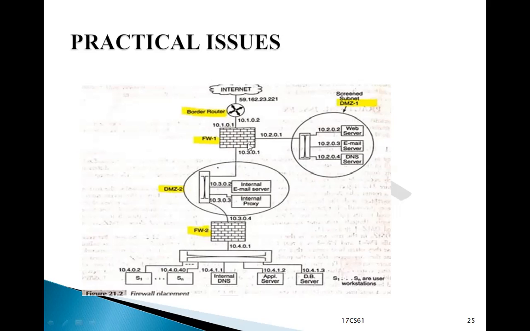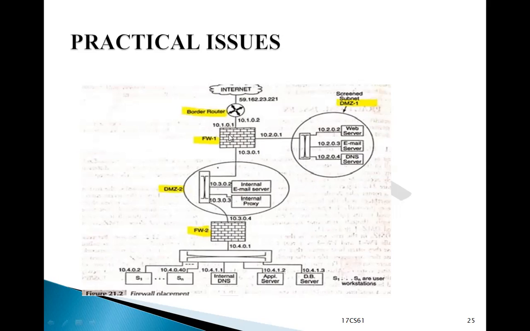FW1 has three interfaces. One interface is the internet, the second is the screened subnet, and third one is DMZ2. DMZ1 is nothing but the screened subnet, and the publicly accessible server zone is known as DMZ2.